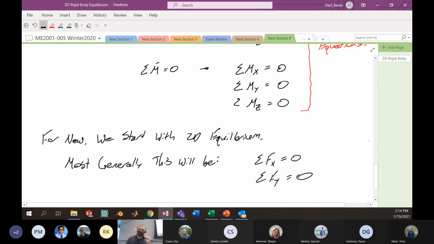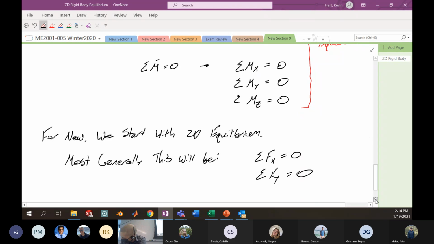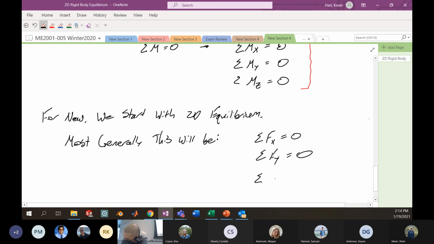So those are your force equilibrium equations. And we saw a lot of this with our 2D particle equilibrium. And then surprisingly, we only have one more addition here, and that is that the summation of the moments in z must be 0. Okay, now why is that?